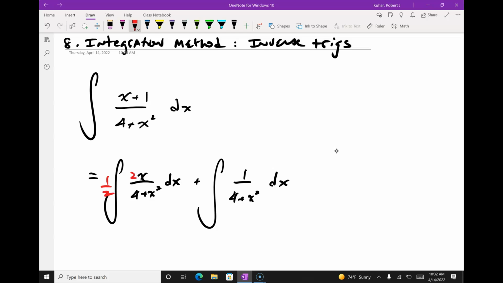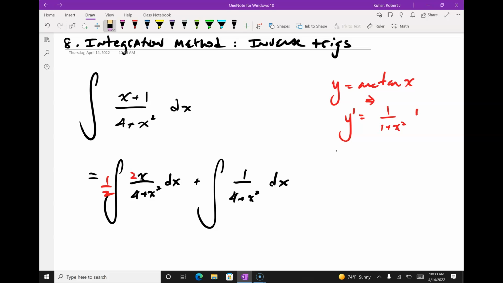What's the other one look like? Well, if I let u be the downstairs, I need a 2x dx. Can't happen, right? It's arctan. But I have to remember, I know if y equals arctan of x, on my formula sheet, I got y prime is 1 over 1 plus x squared dx.